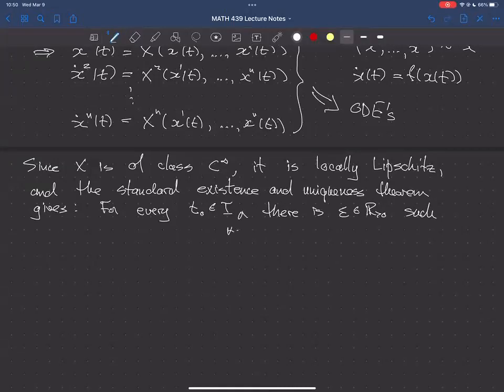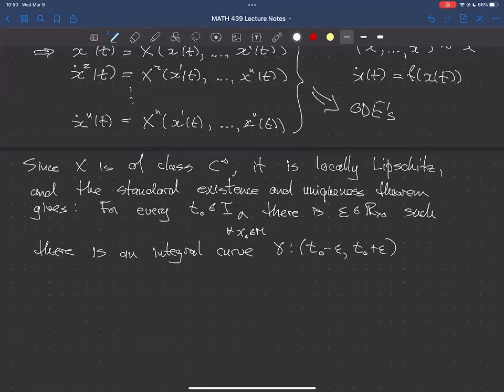And also for every x naught in M. So I have an initial time and an initial state. There's an epsilon positive such that there is an integral curve gamma, and gamma might only be defined on some small interval. The epsilon gives us the size of that interval, so t naught minus epsilon to t naught plus epsilon.